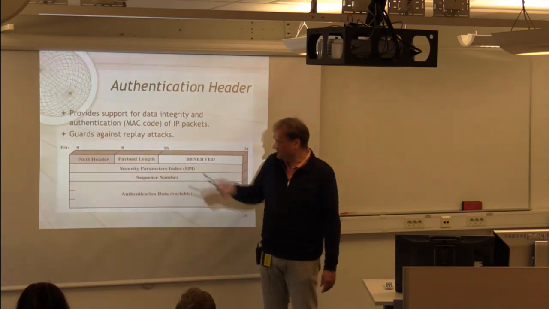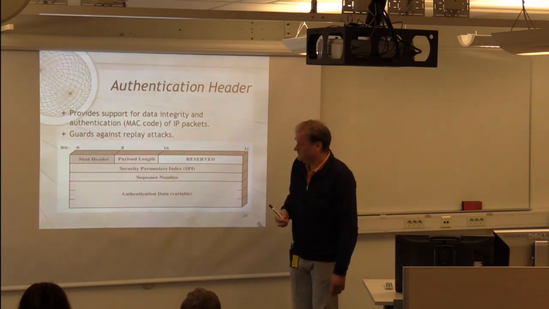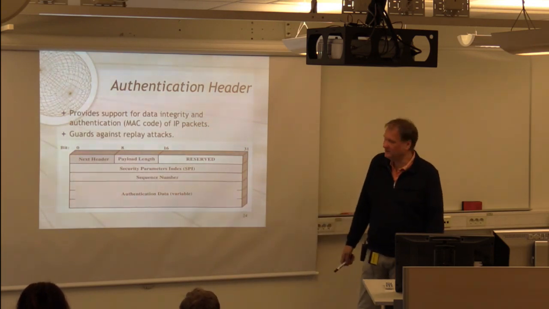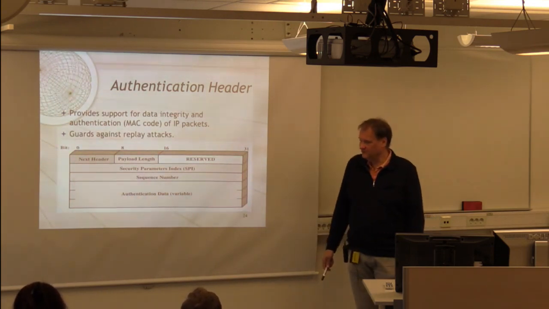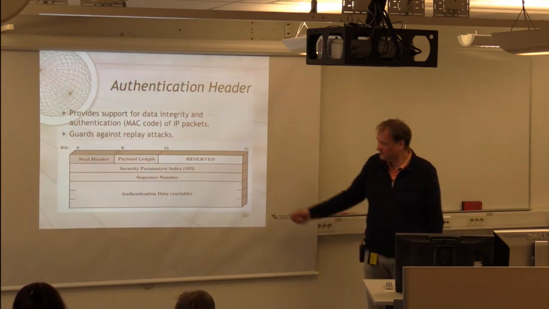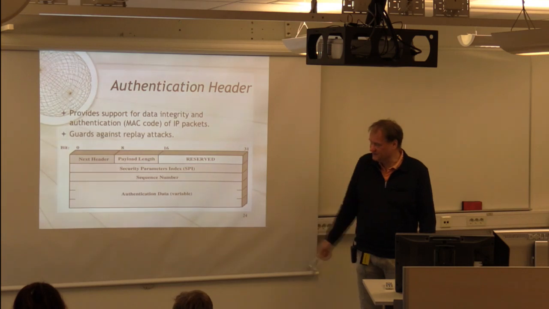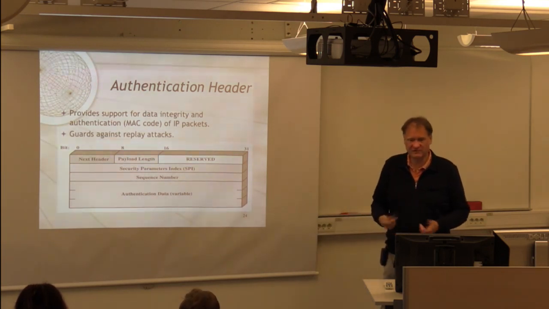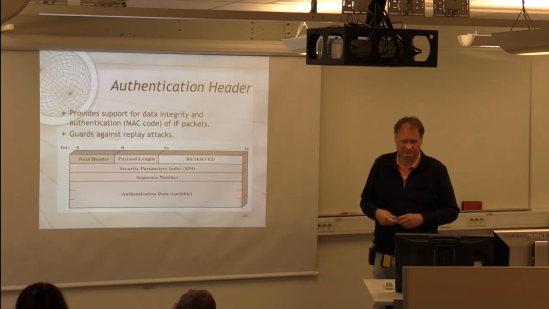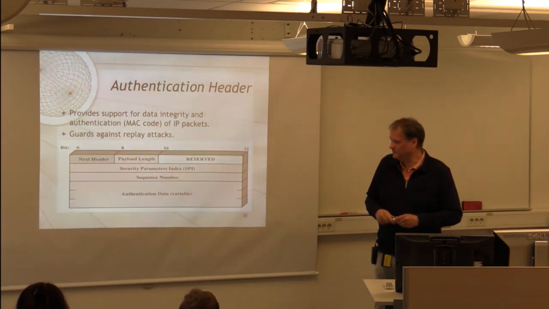Then we have the payload length, which tells us the payload. And what is the payload? Well, in terms of authentication header, we have this authentication data, that is the payload. And what is the authentication data? Well, the authentication data is this MAC code. So that's the payload.